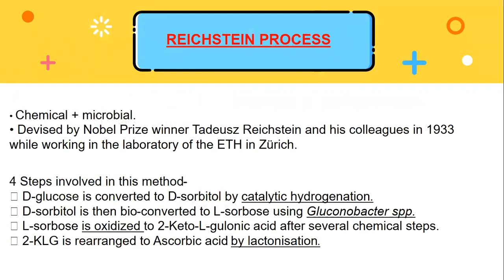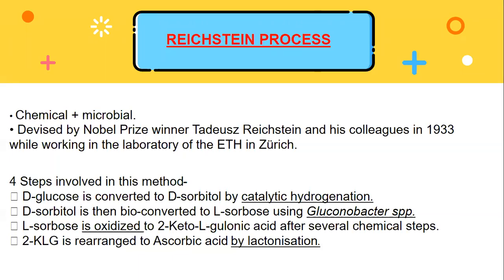First, we come to the Reichstein process. It is a chemical and microbial process which was discovered by Tadeusz Reichstein and his colleagues in 1933, for which he won a Nobel Prize. There are four steps involved in this process. The first step is catalytic hydrogenation, in which glucose is converted into sorbitol.